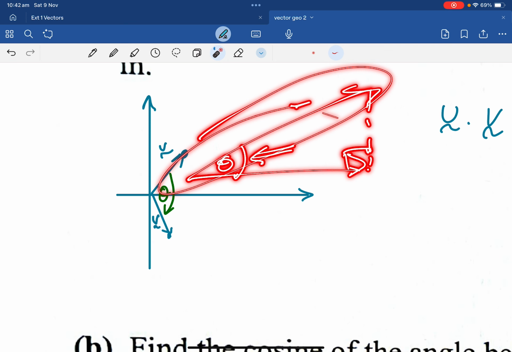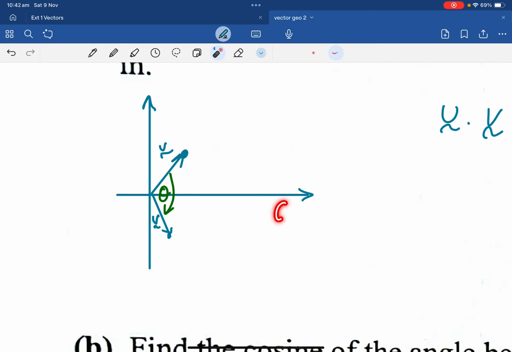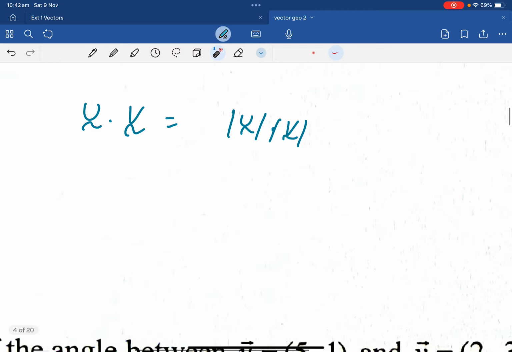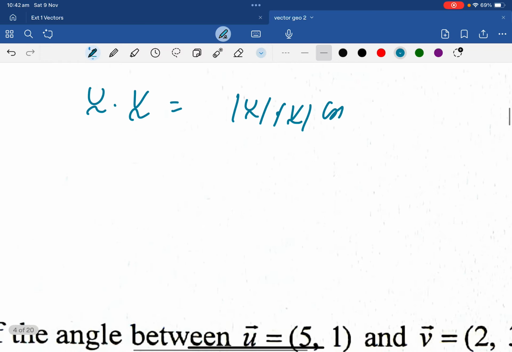So this is just going to be this, which is our, let's say A over the hypotenuse. So it's just going to be cosine of theta. Okay, so the formula for vector u times vector v is the magnitude of vector u times the magnitude of vector v cosine of theta.